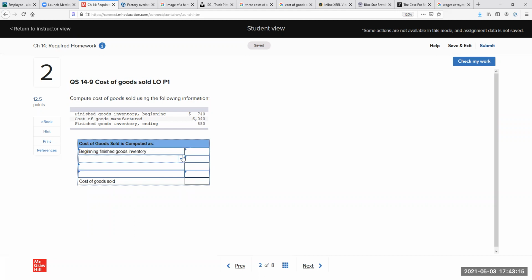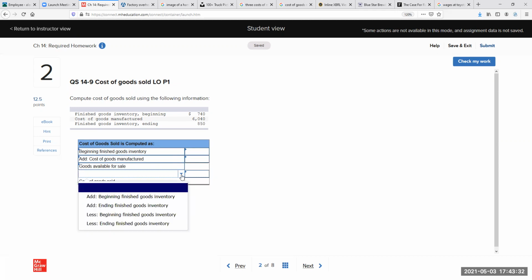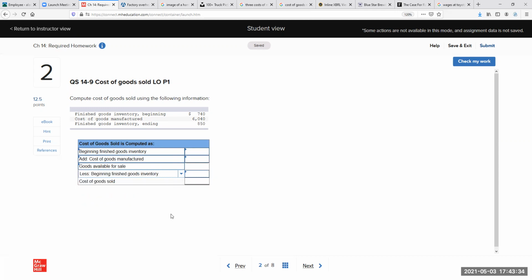How much did you manufacture? And this, you add the beginning plus how many more you made. So let's say you had one truck and you make two trucks. So now you got three trucks. And then you subtract how many you have at the end, okay?